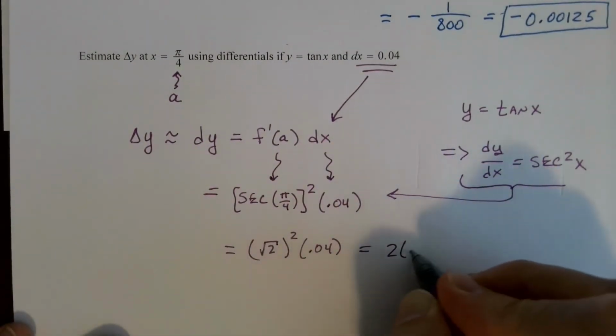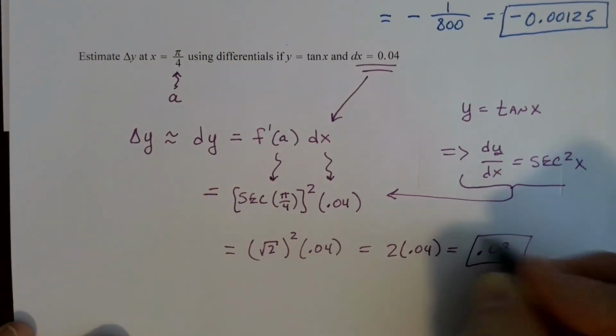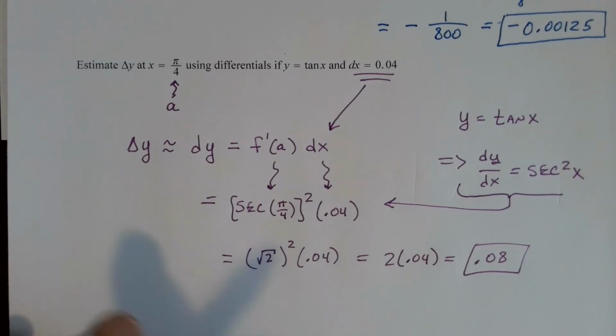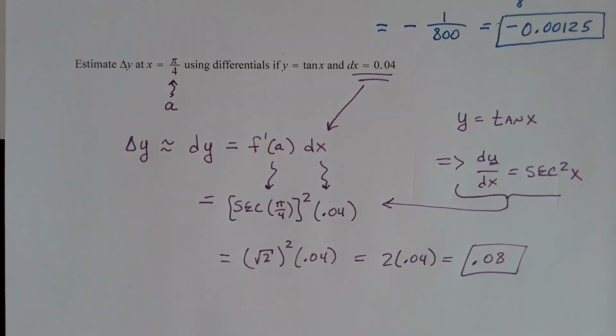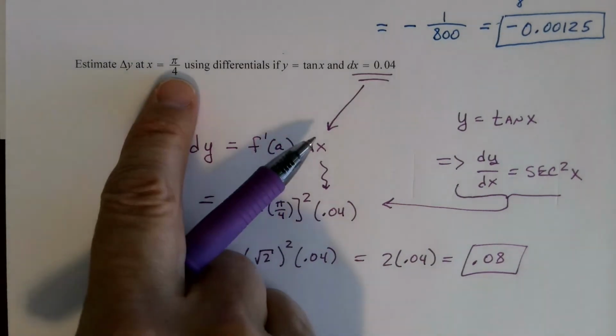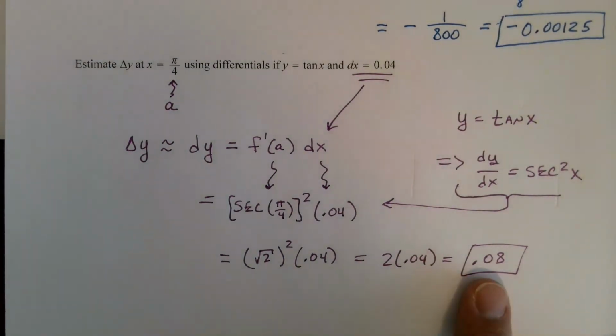This is 2 times 0.04, which is 0.08. And there's my estimate for this change in y for the function tangent x, starting at a equal pi over 4, and with a change in x of 0.04, the estimated change in the value of the function is 0.08.